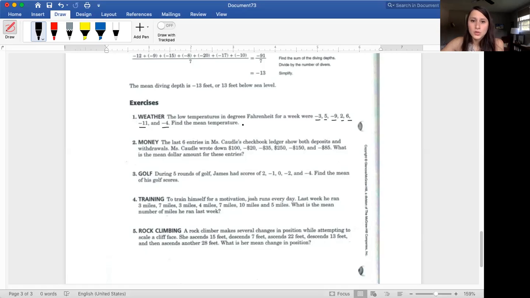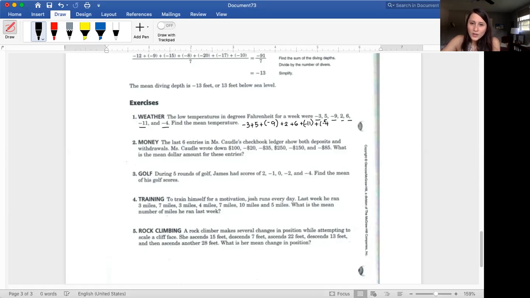So one way to write this out is we can add everything up, and I'm going to put my negatives in parentheses. So I'd recommend that you do the same thing. Put your negatives in parentheses so that doesn't get mixed up with your operation sign. Okay, so we're testing our memory to see if we remember the rules for addition.